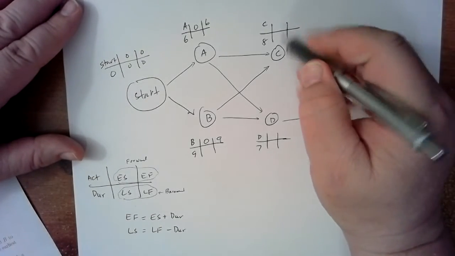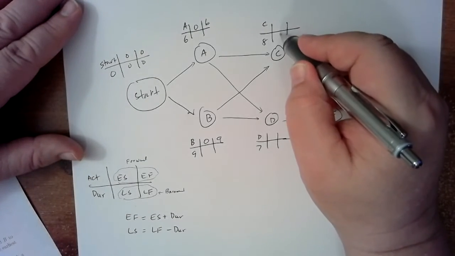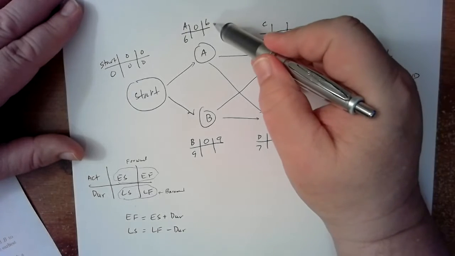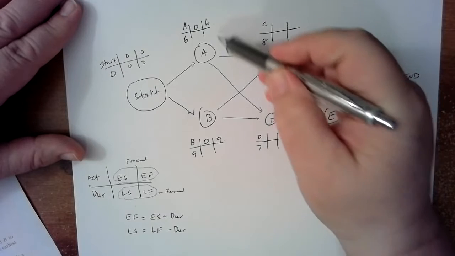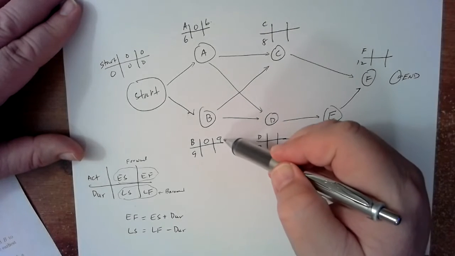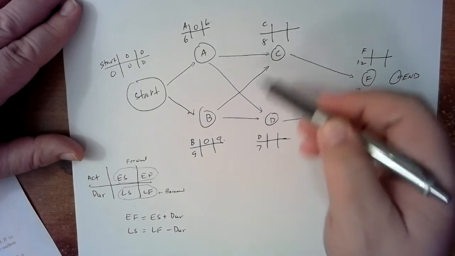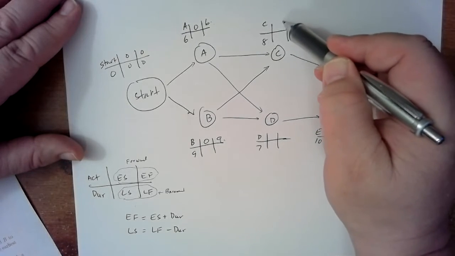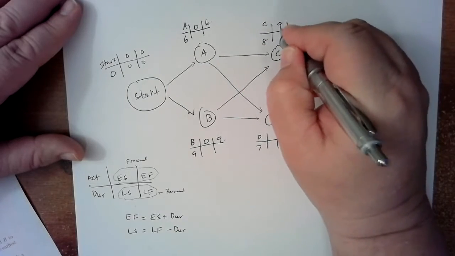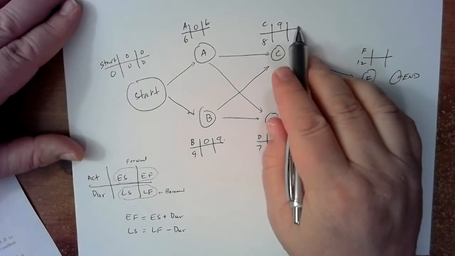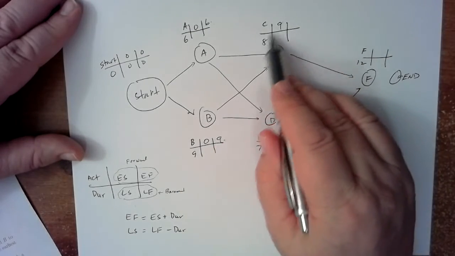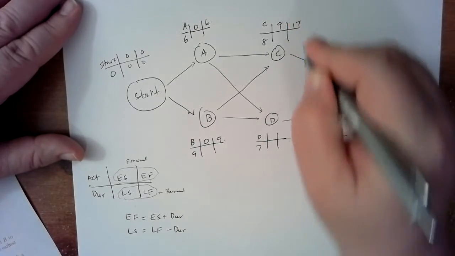Now C, when's the earliest time it can start? So remember that C has to wait for A and B, right? And so if A finishes the earliest at 6 and B finishes the earliest at 9, what would C be? Yes, it has to wait for both of these, so this would be 9. Okay, so that means the element here in EF would have to be 9 plus 8, or 17.